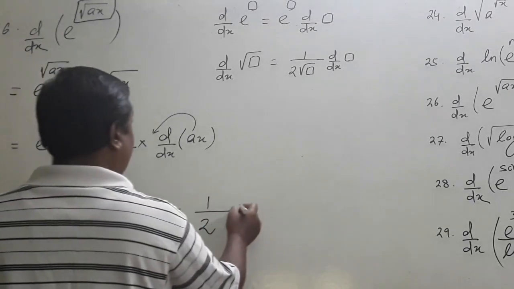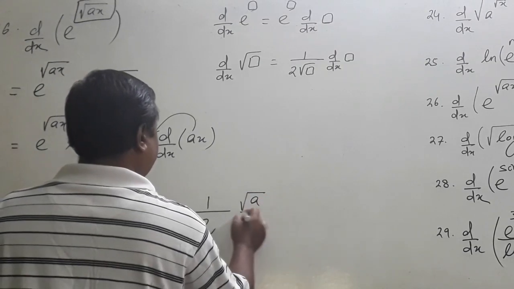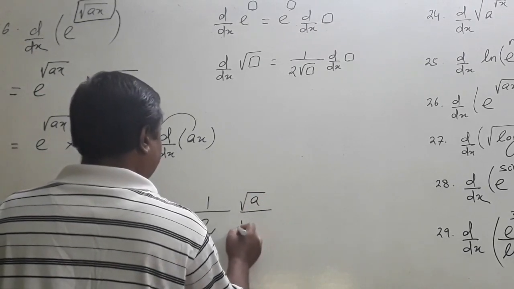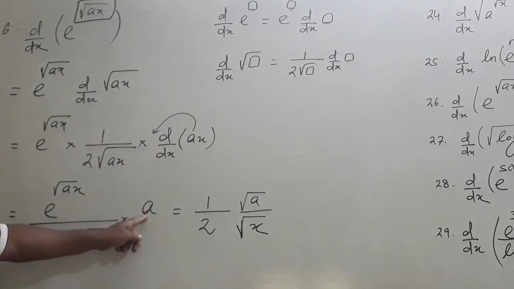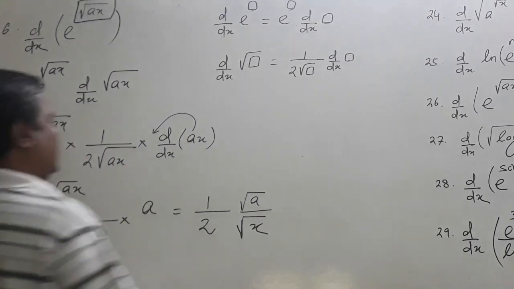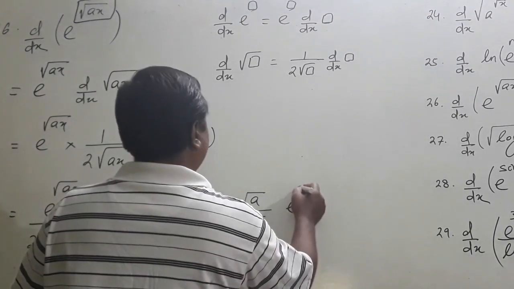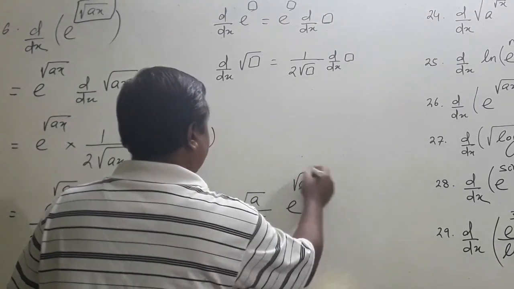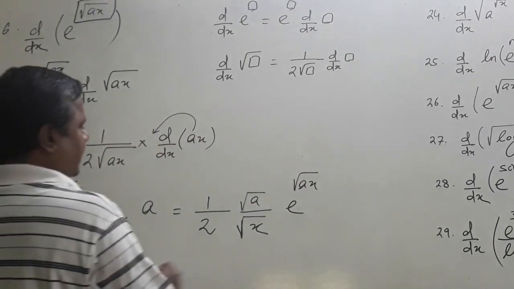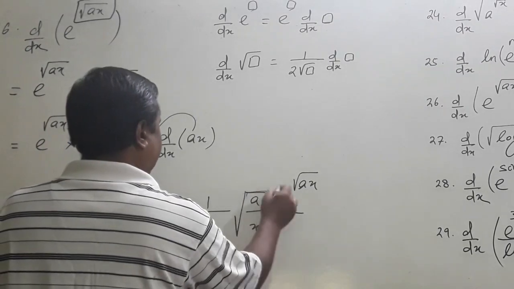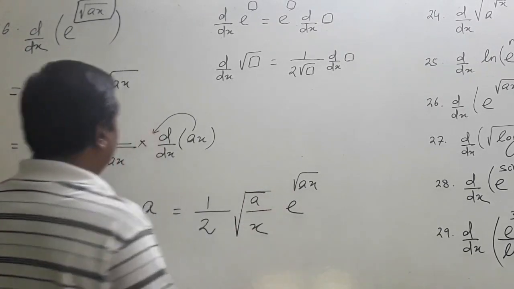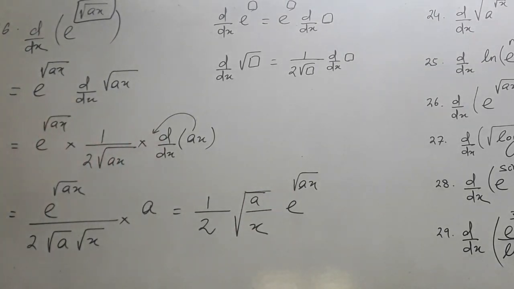It becomes 1 by 2, root a by root a by root x. You cancel. So root a in numerator, root x in denominator, e to the power root ax. I also can write it as root of a by x.